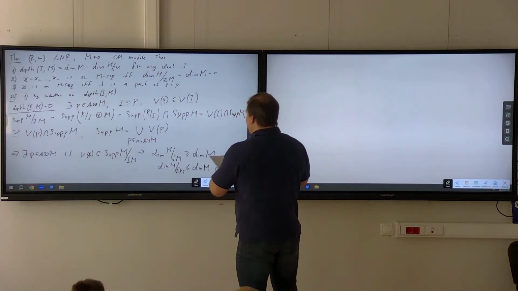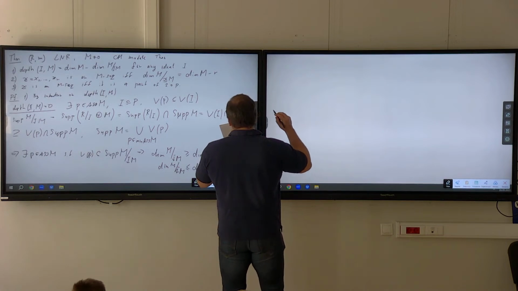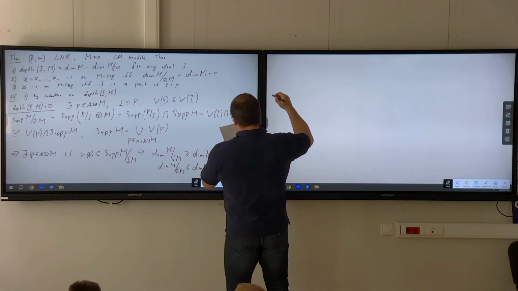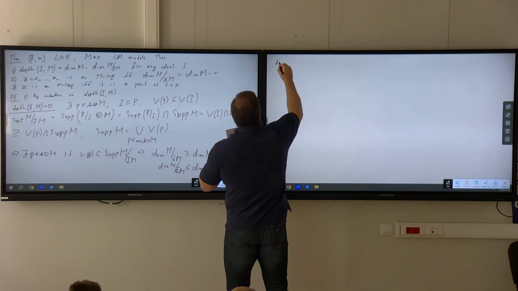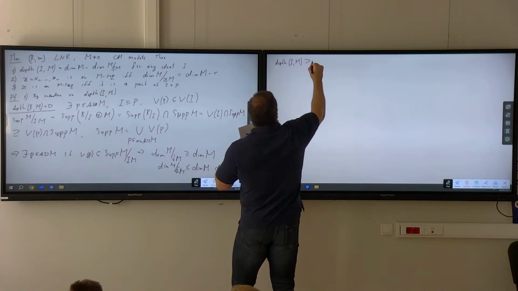The proof is quite simple, actually. We've done the hardest part. So for depth 0, this is clear. Now, a situation where the depth is positive.